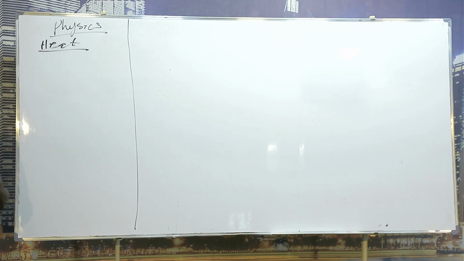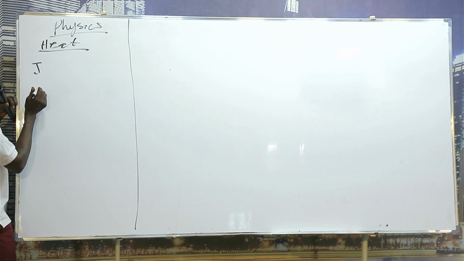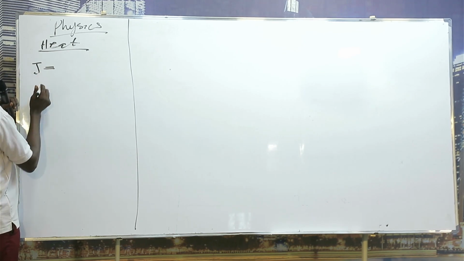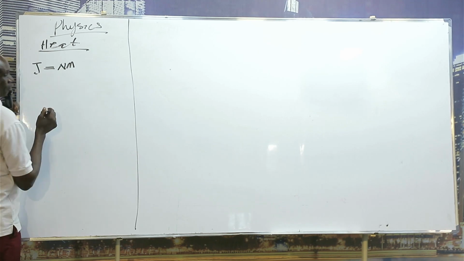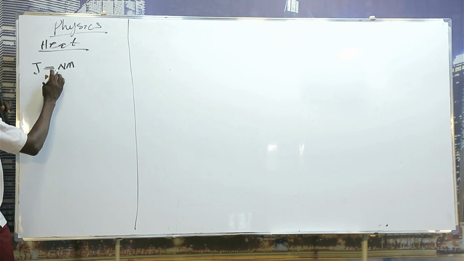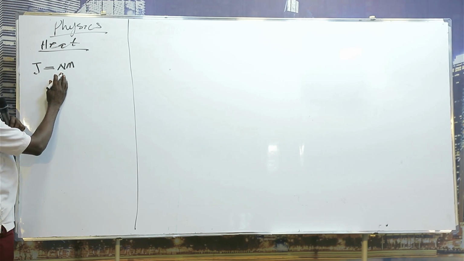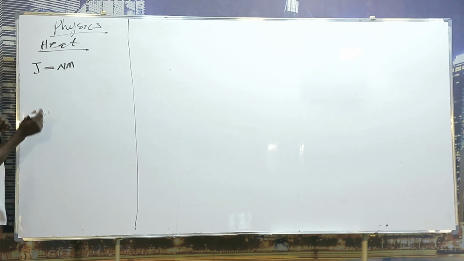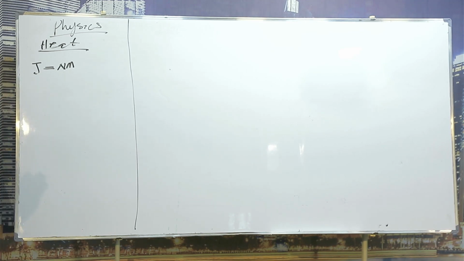Now, when we talk about heat, we say that heat is measured in joule, and joule is the same thing as Newton meter. Is it correct? Do you know that joule is also the unit of work? And work is force times perpendicular distance, not just distance.